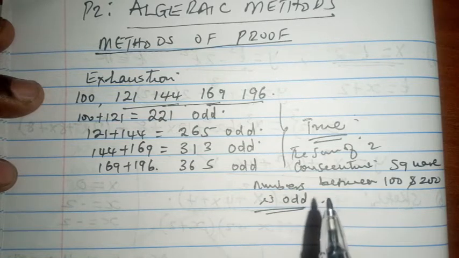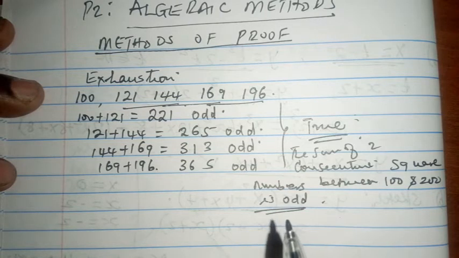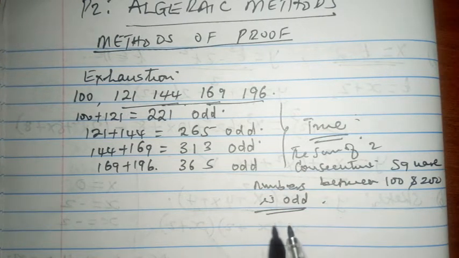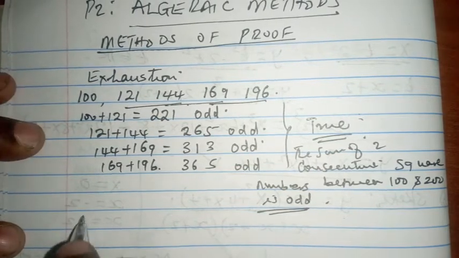This method is better suited to a smaller number of results, because exhausting means breaking into smaller parts and arguing each one of them. If you have big data or many cases, you are going to take a lot of time.